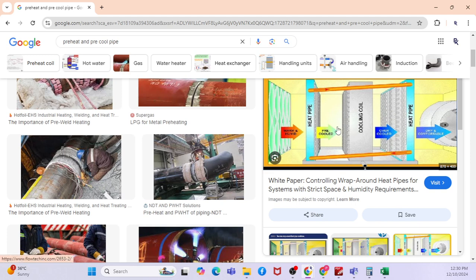This is the cooling coil and this is the heat pipe. This is called heat pipe, pre-cool and preheat. Okay, so this also will do the same purpose of the sensible wheel.